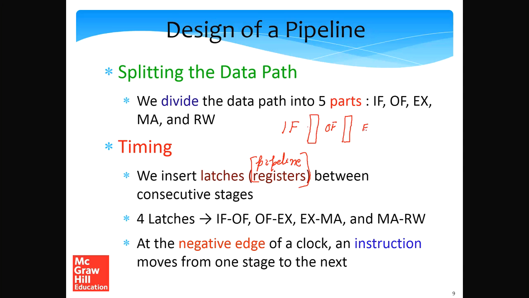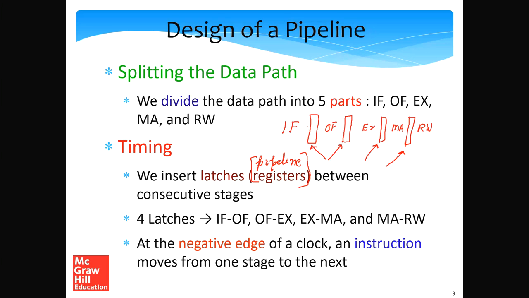Then again the EX stage, the same thing, MA stage, and the register write stage RW. So what we shall see over here is that we are adding 4 pipeline latches. So let's call this the IF-OF latch, because it's between the IF and OF stages. Similarly, we'll add an OF-EX latch, an EX-MA latch, and an MA-RW latch.